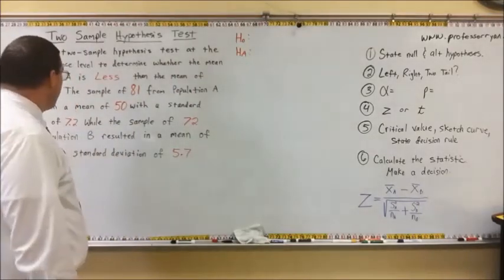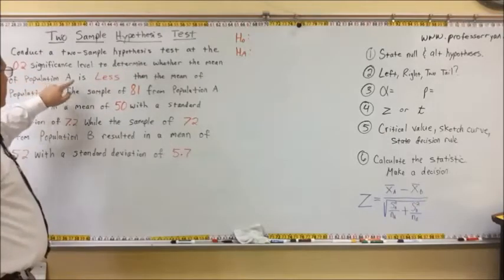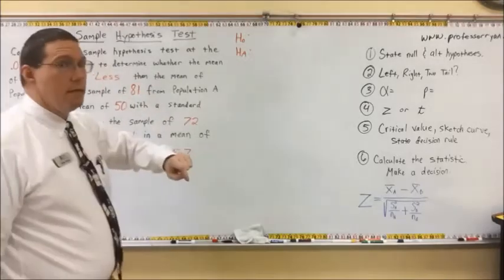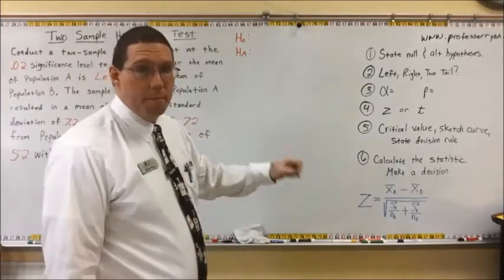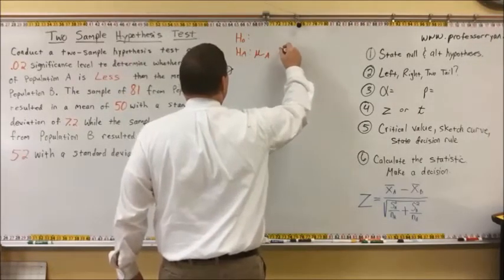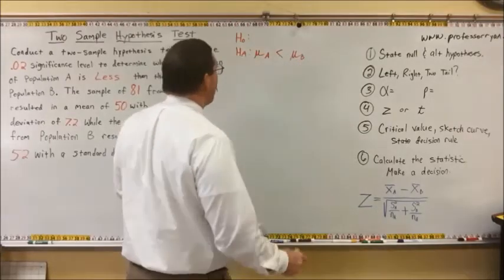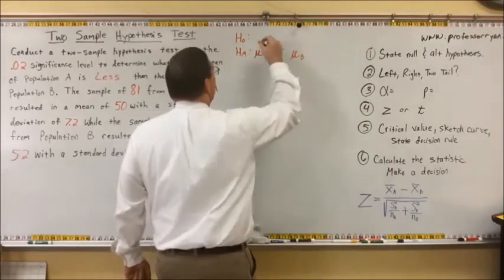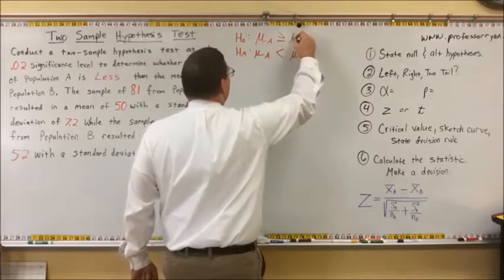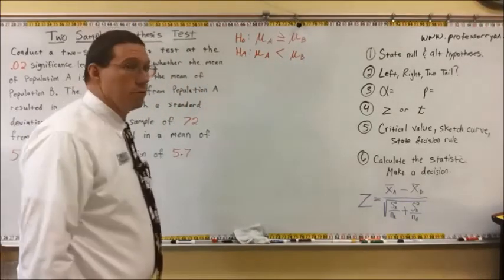Determine whether the mean of population A is less than the mean of population B. So mean from A is less than mean from B. So we're going to say the population mean of A is less than the mean of population B. And if that's the alternative hypothesis, then the null hypothesis is the mean of A is greater than or equal to the mean of B. Okay? So that's our null and alternative hypothesis.